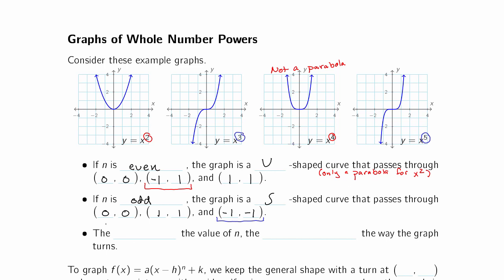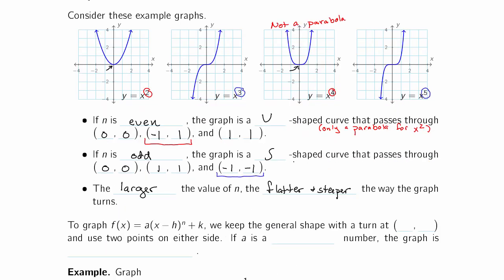Other than being even or odd, the effect that the value of n has is that the larger the value of n, the flatter and steeper the way the graph turns. So in x squared, we just kind of lightly turn around at the x-axis. In x to the fourth, we have a more flat bottom and then steeper sides.